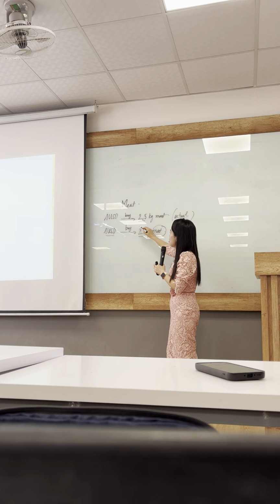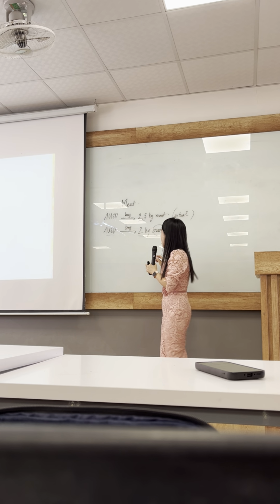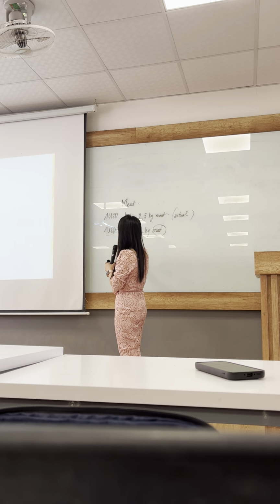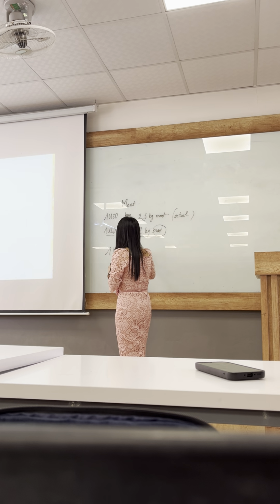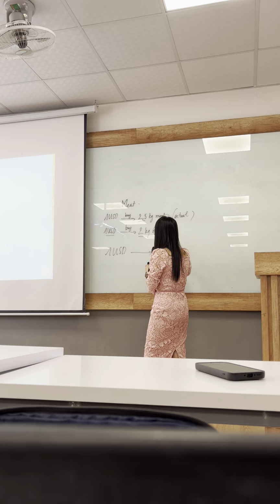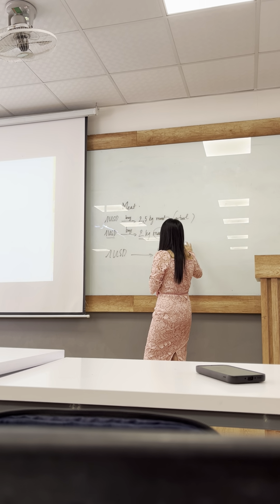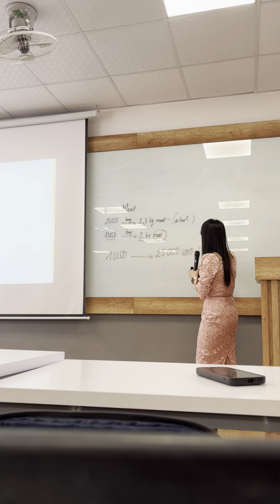It means that it is overvalued. Understand everyone? Now we convert it into currency. 1 USD can buy 25,000 VND. That is the market. That is the black market.